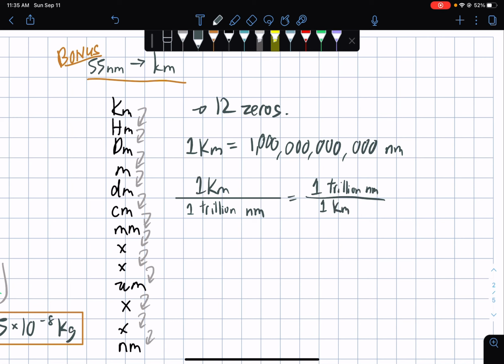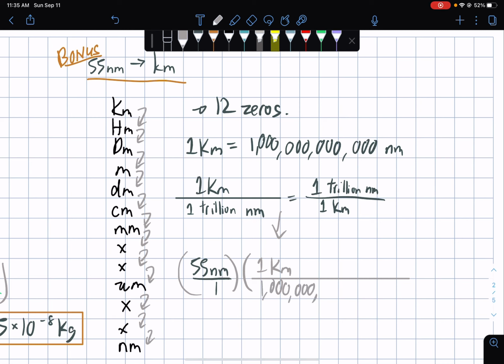Alright, so 55 nanometers over 1 times 1 kilometer over 1 trillion nanometers.